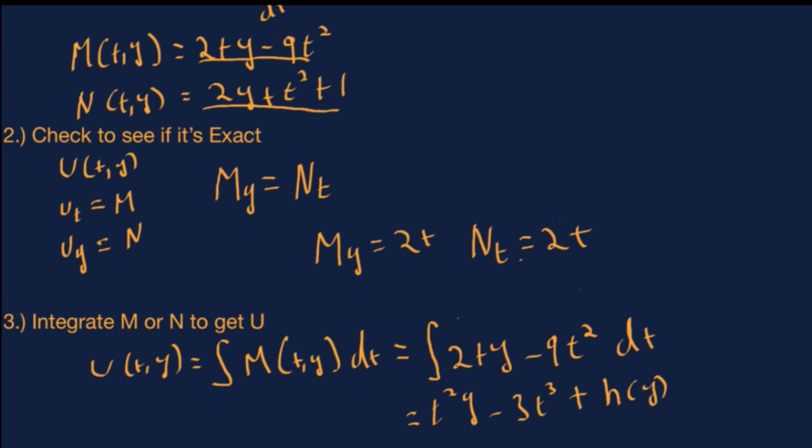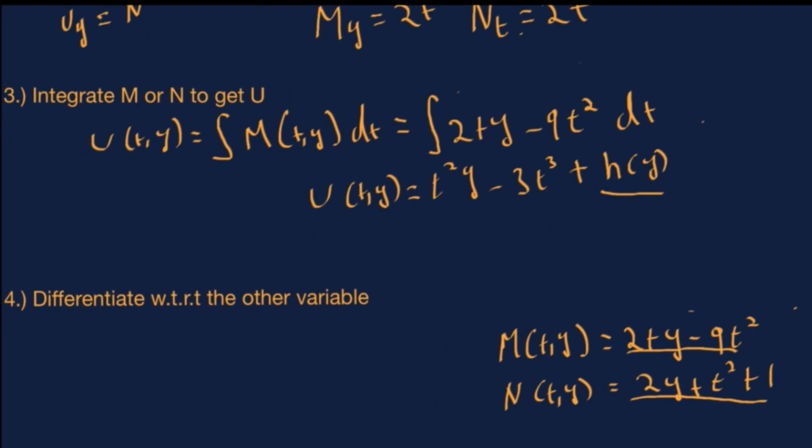So now that we have most of our function u of t and y, the next thing we need to do is figure out what this h of y is. And to do that, we can take the derivative of u with respect to y and then set it equal to the function N, because we know that's the partial derivative of u with respect to y. And after that, we can solve for the function h of y.